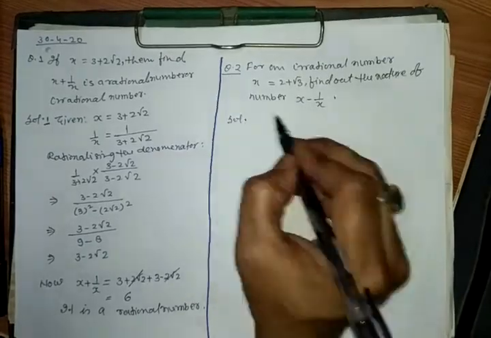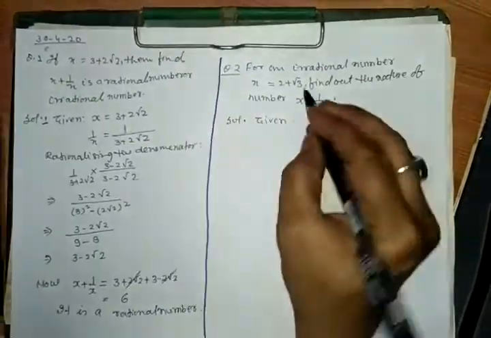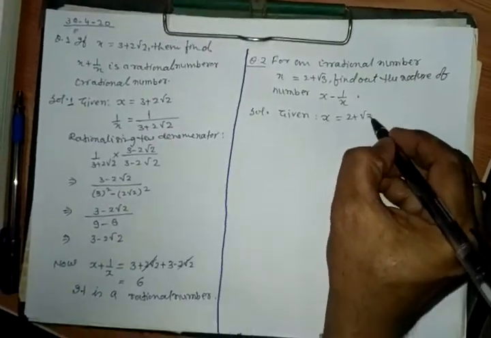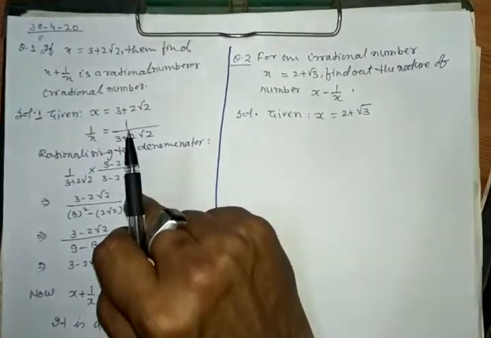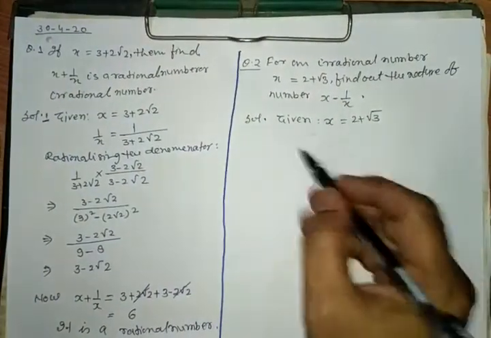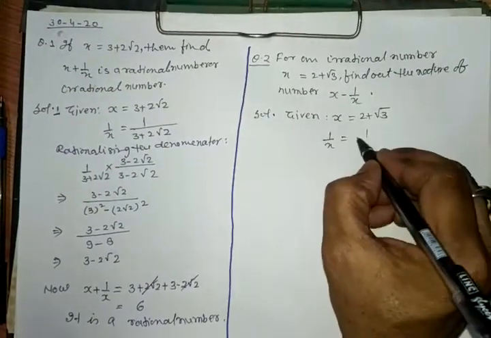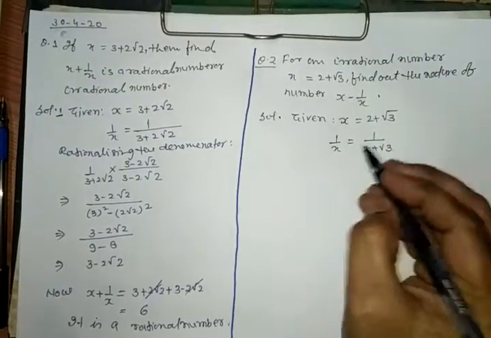Solution: given x equals 2 plus root 3. With the same process which I have done in question 1, 1 upon x equals 1 upon 2 plus root 3.